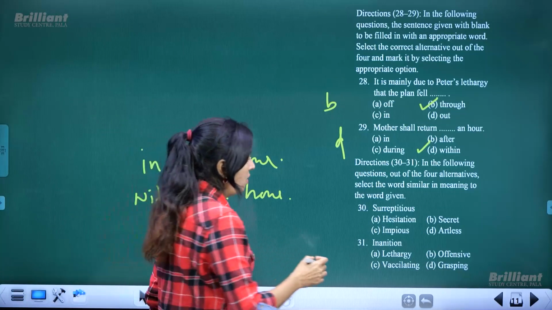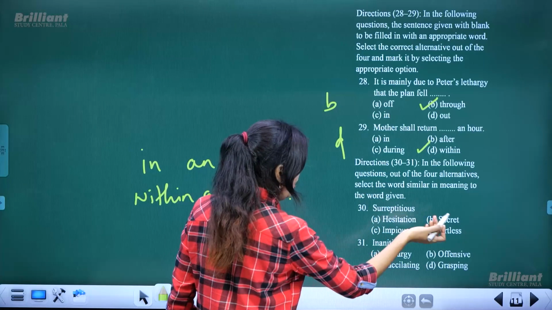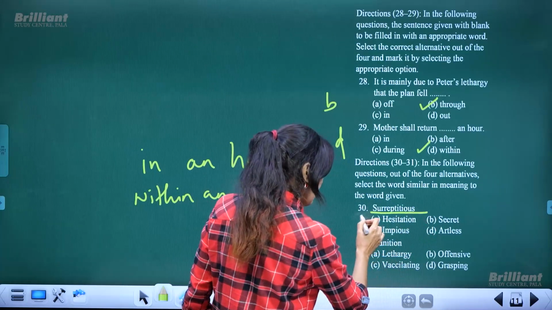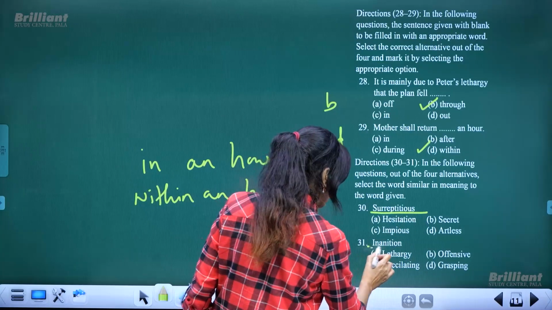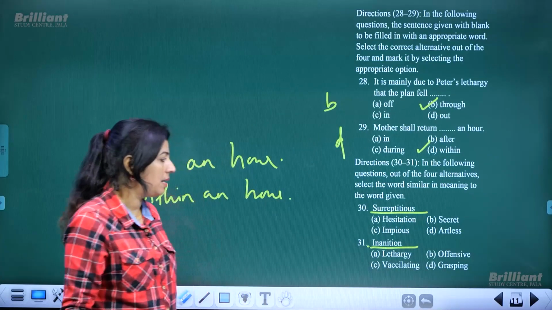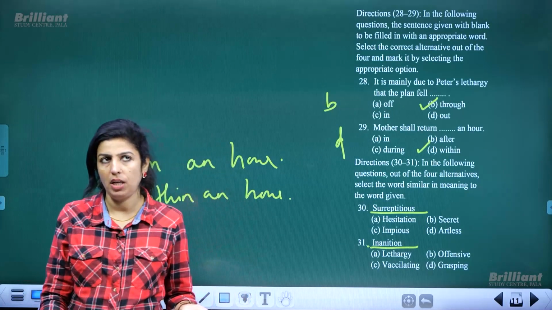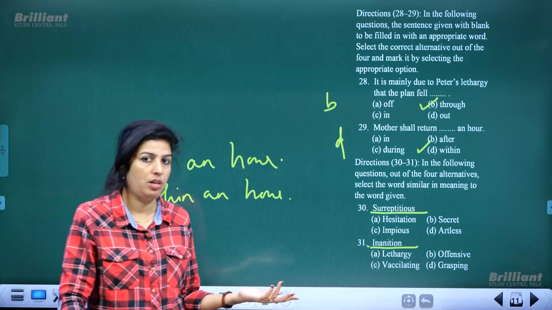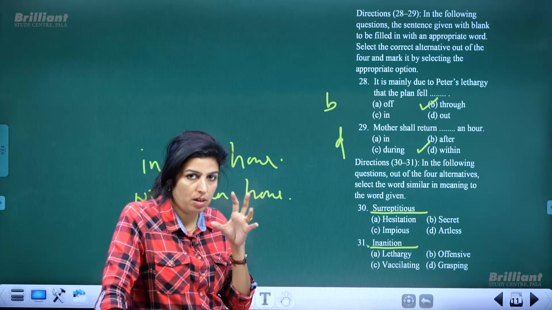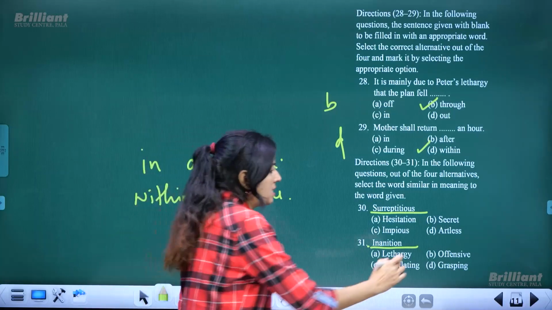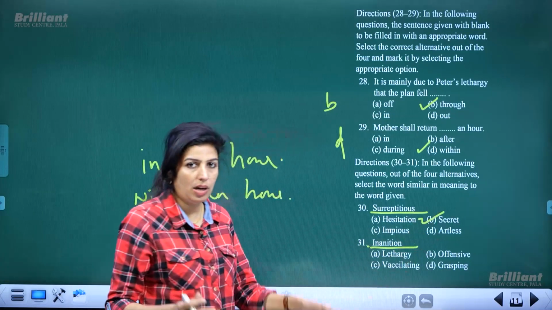Okay. Next is find out synonyms or similar words. Surreptitious and inanition. Surreptitious means a person who is secretive by nature, the one who keeps things hidden. So surreptitious means keeping secret or hiding things.